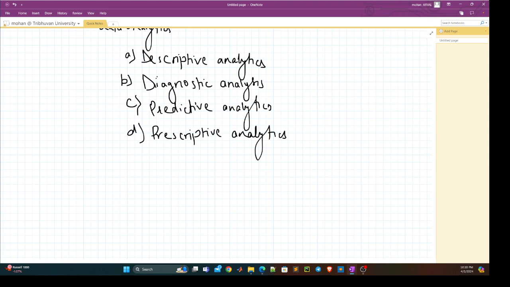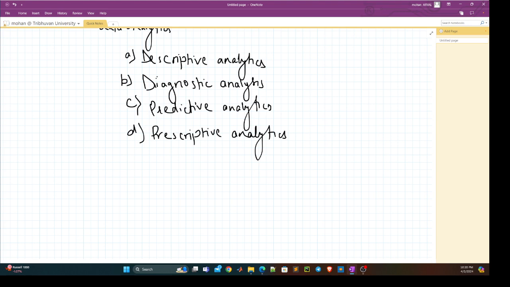Descriptive analytics only says what happened, and in diagnostic analysis we examine more closely and find out the reasons for why it happened. Predictive means to predict about the future, so what will happen. And in prescriptive, how can we make it happen, right?